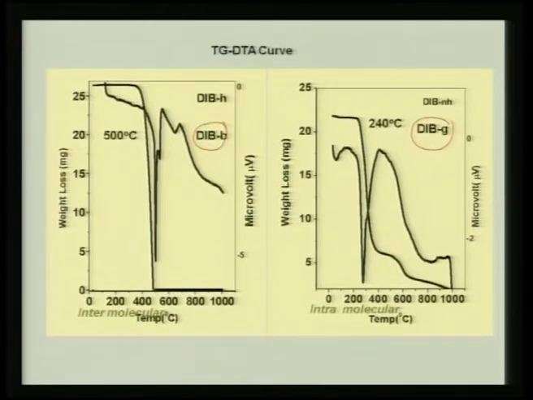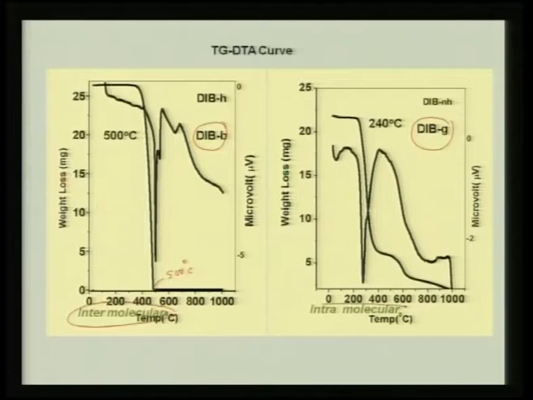If you look at the thermal analysis, you can clearly see that the one having intermolecular hydrogen bonding suddenly collapses, and the molecule undergoes a 100% weight loss, and this happens somewhere around 500 degrees C when you have intermolecular hydrogen bonding.